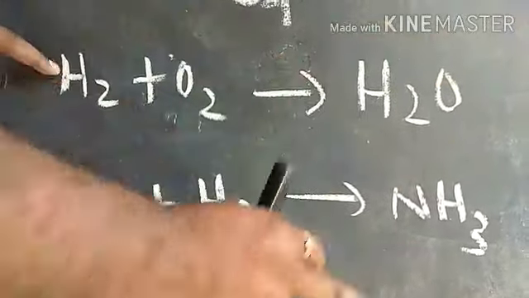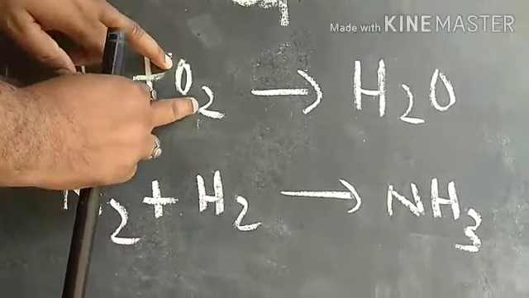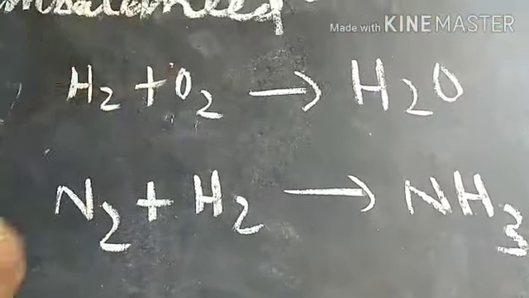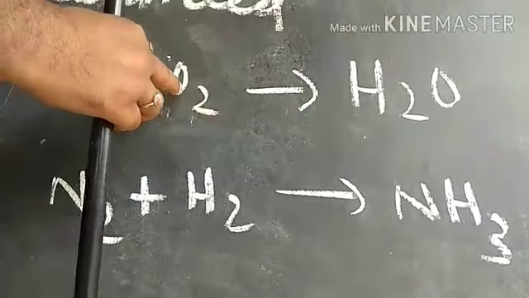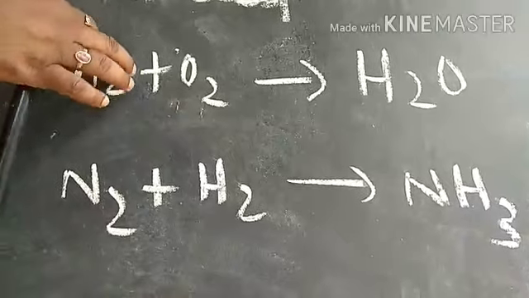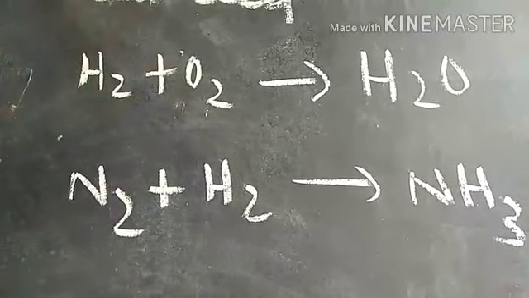So hydrogen is equal, but there are 2 oxygen atoms on the reactant side and only 1 oxygen on the product side. So the number of oxygen on the reactant and product sides is unequal. So this equation is an unbalanced equation.